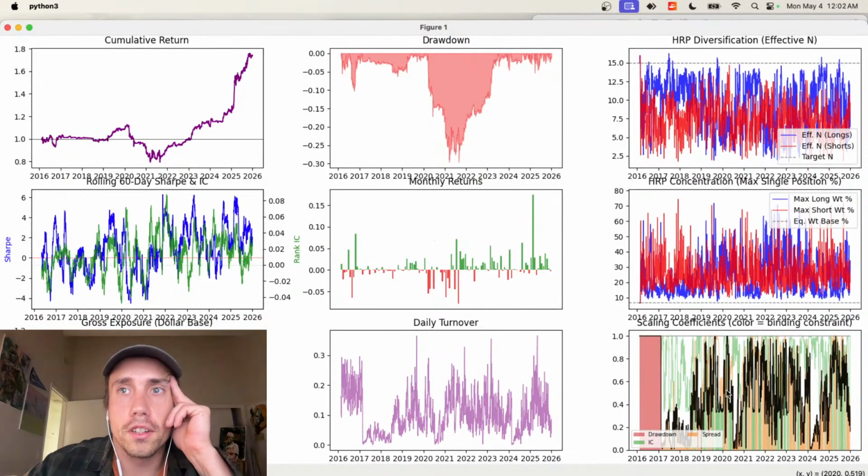All right, so what's affecting the drawdown? So first, the spread's pulling it down. So the spread should be less extreme.